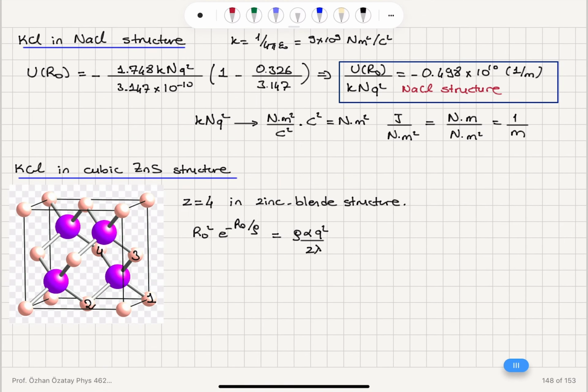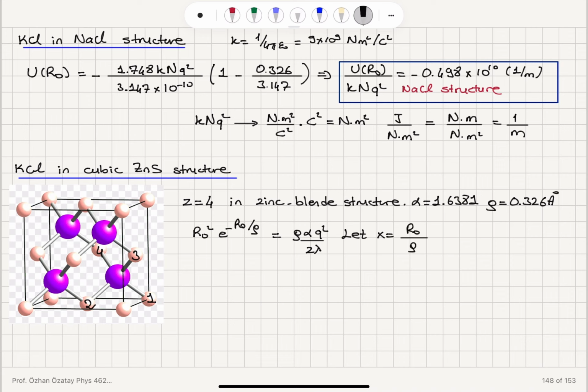So we're going to use alpha equal to 1.6381. Rho, we will use the same value, 0.326 angstroms. And R0 squared e to the minus R0 over rho is rho alpha q squared over Z lambda. And let's say that x is equal to R0 divided by rho.